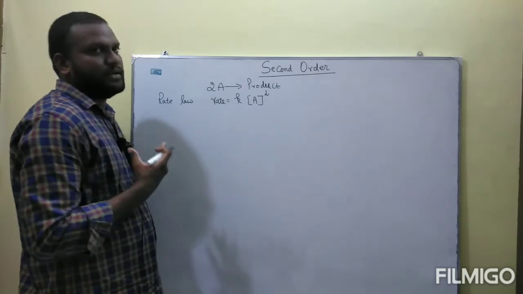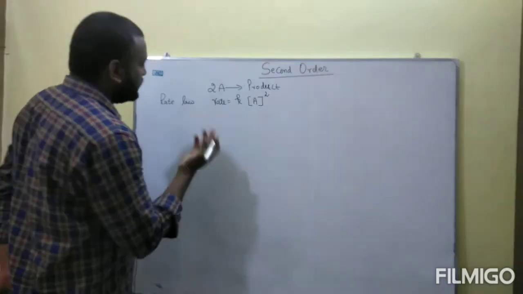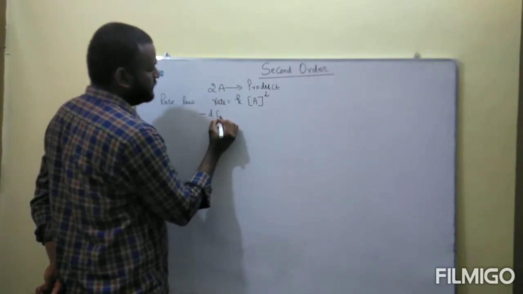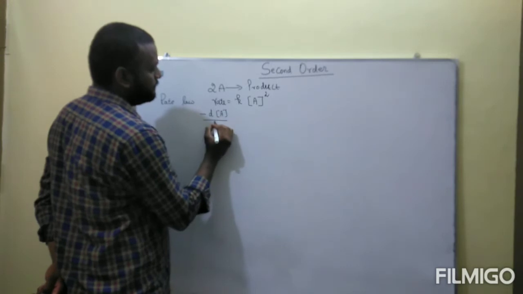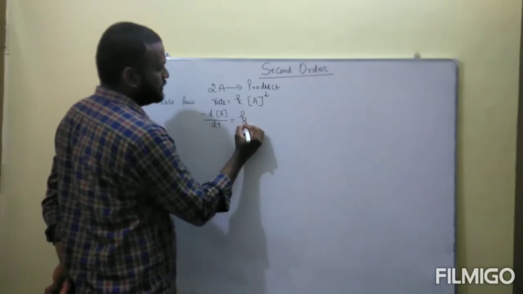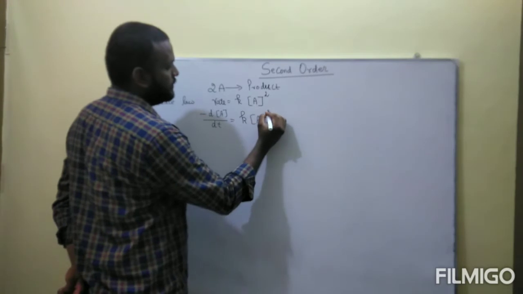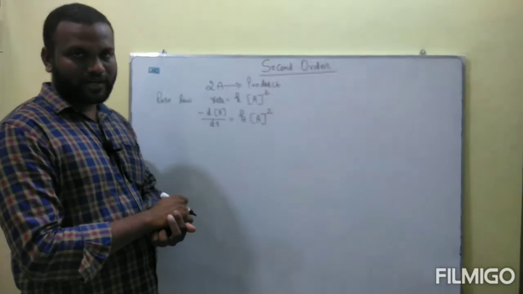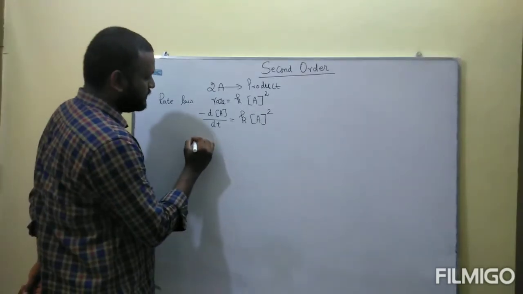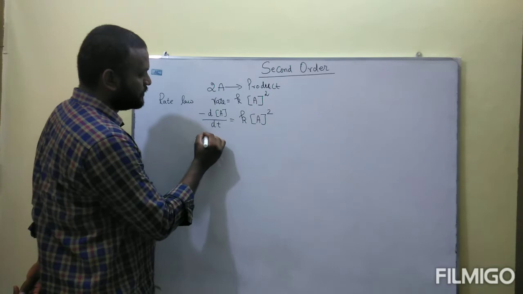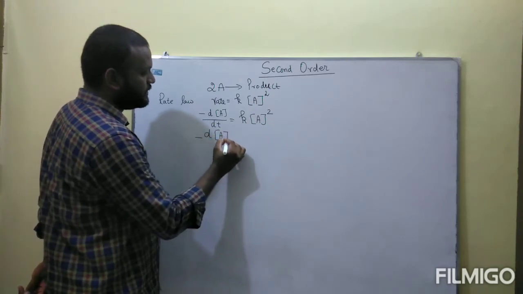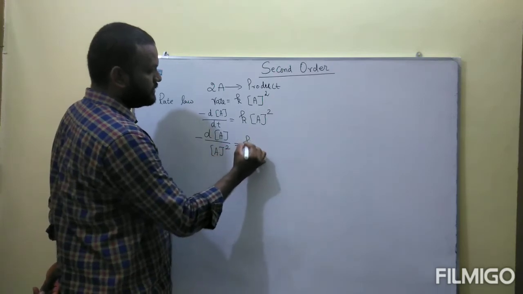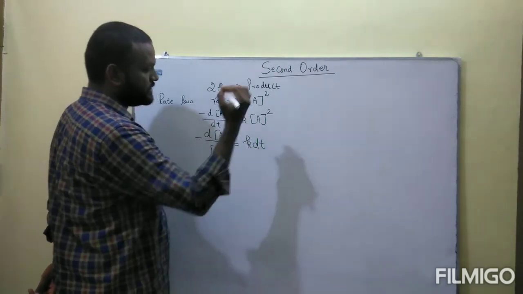To find the rate constant of the reaction, we have to take a differentiation. Consider minus dA by dt, which is equal to K A square. We are going to integrate with respect to concentration and time. So we rearrange the equation as dA by concentration of A square is equal to K into dt.